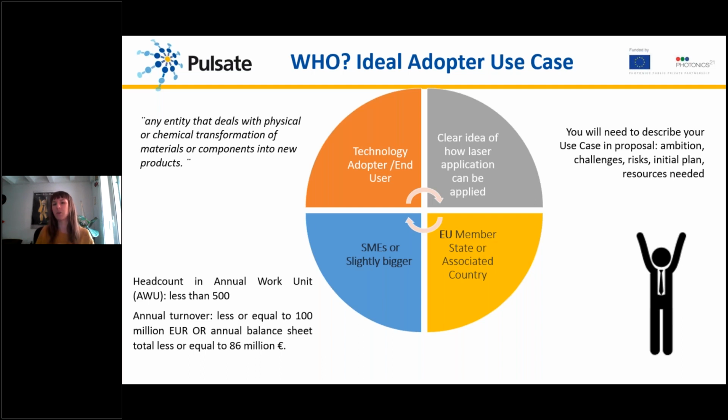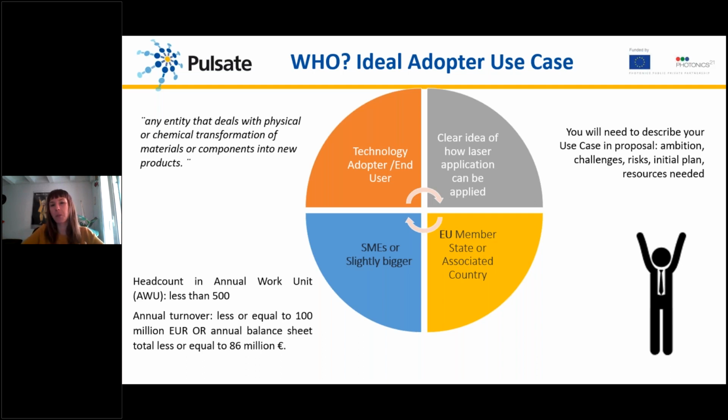So based on that, we will be able to select the most feasible and the high potential use cases that will be funded for this open call. Okay, so it's a bit different than the normal ones, because we are looking for people that have needs and that we can actually help you to assess those needs and reality.